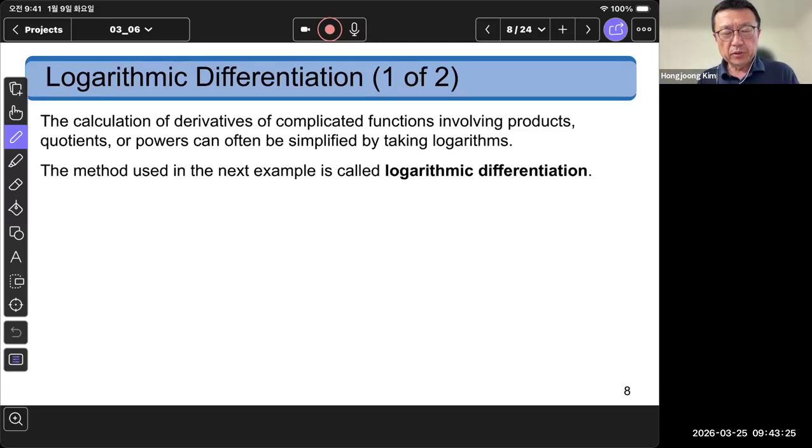So we just considered how to differentiate the logarithmic function. The calculation of derivatives of complicated functions involving products, quotients, or powers can often be simplified by taking the logarithm. The method used in the next example is called logarithmic differentiation. So what is the example?